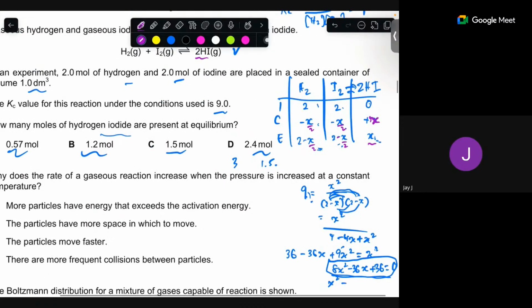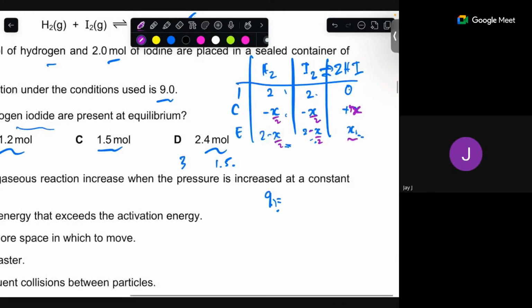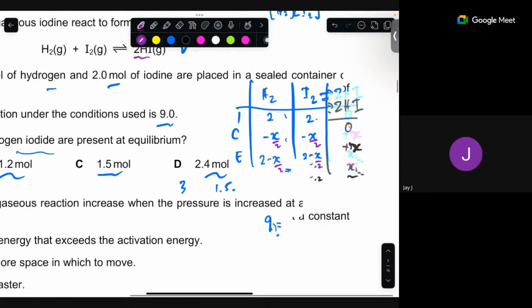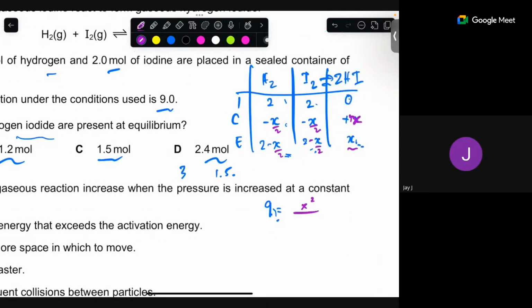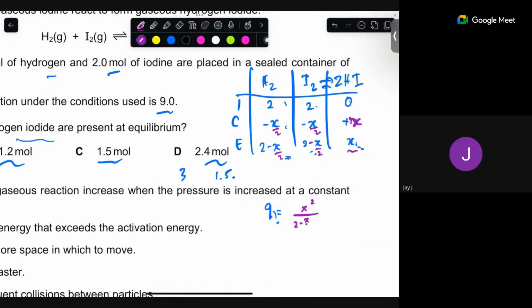Using that, we calculate. X squared over 2 minus X over 2, 2 minus X over 2.